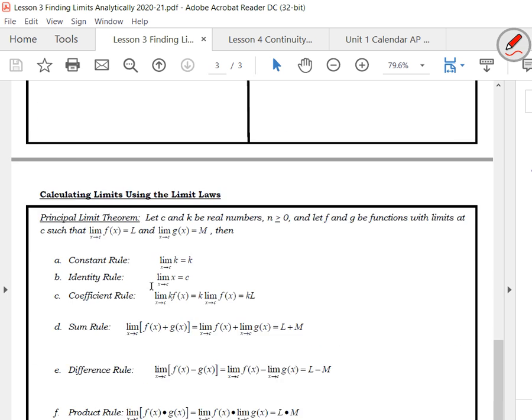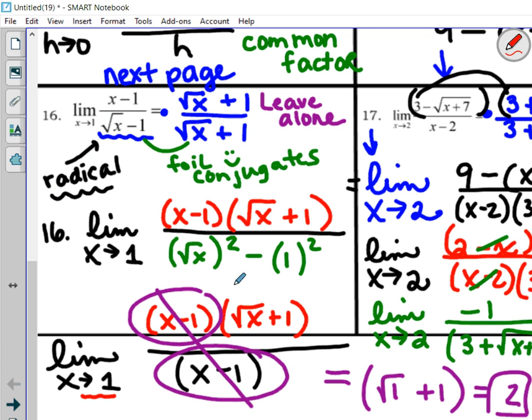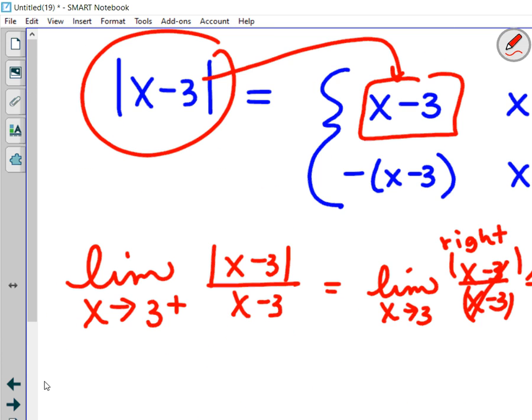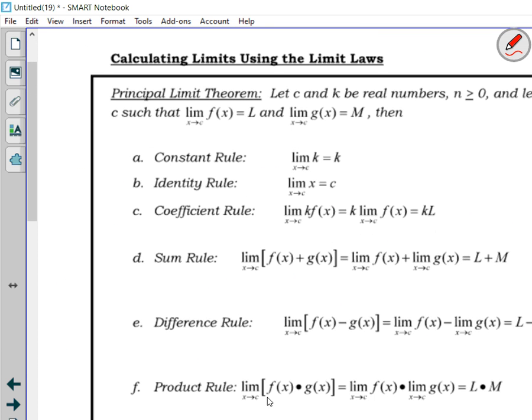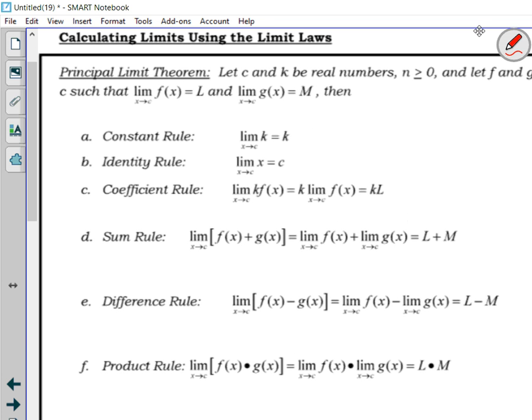The last part of this lesson 3 packet actually just kind of gives us the rules that tell us, hey, straight substitution works lots of times.